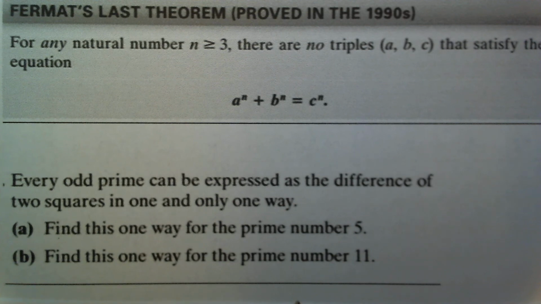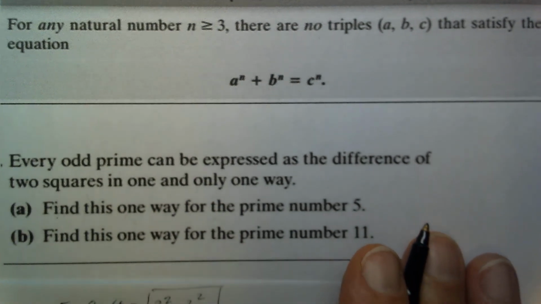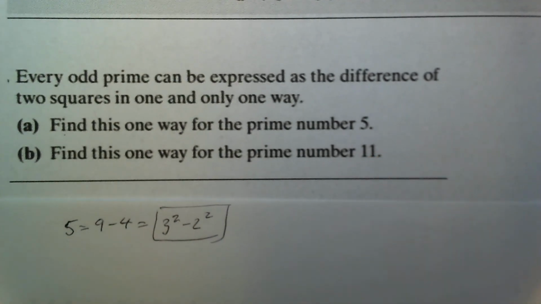As you're thinking about the different possibilities for 5, maybe I can write that as a difference of 9 minus 4, and so that would be 3 squared minus 2 squared. So it would be the difference of 2 squares. Similarly for 11, think about squares like 36 minus 25, or 6 squared minus 5 squared.